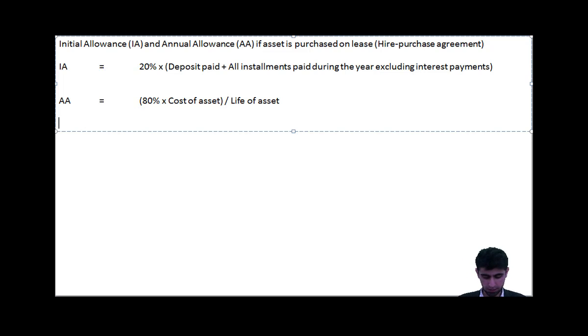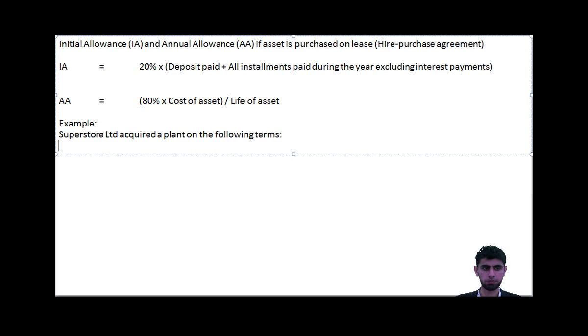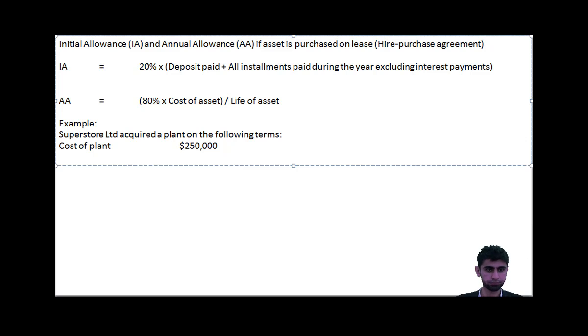Okay, so let's just take an example now. Let's say Superstore Limited, a business, acquired a plant on the following terms. The cost of plant is, let's say, 250,000.